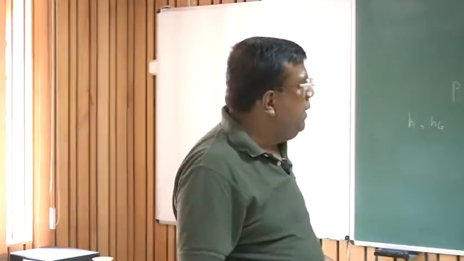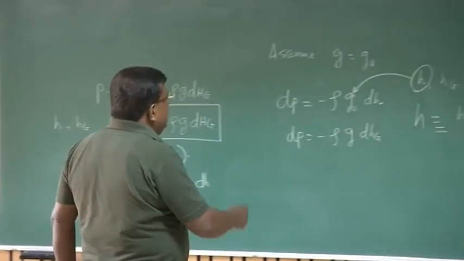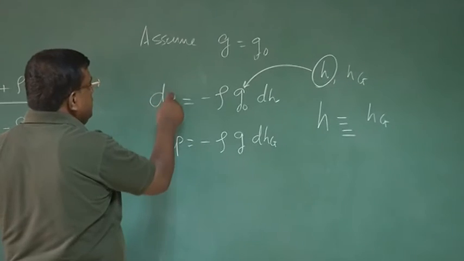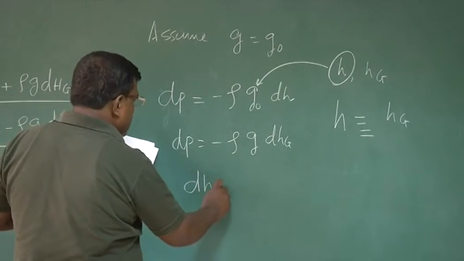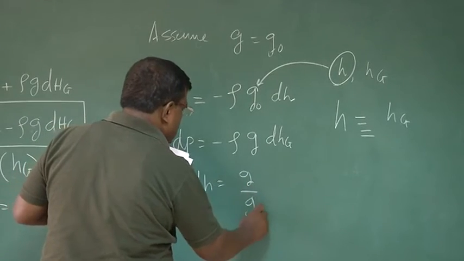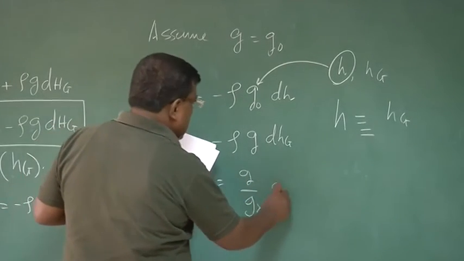Okay. So to do that, if I use these two relationships, I find that dH is equal to G by G naught into dHg.